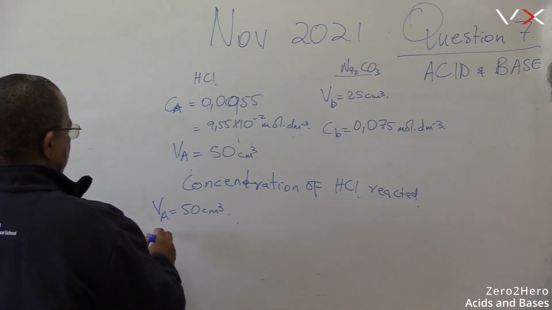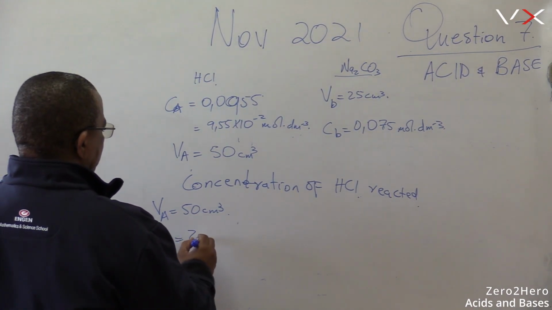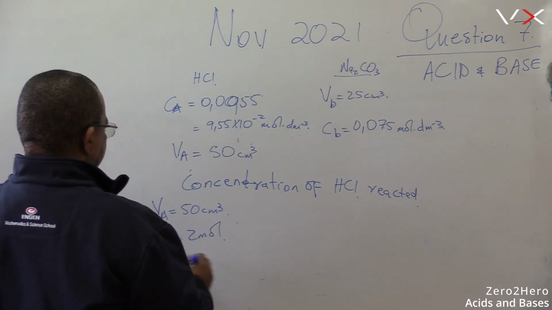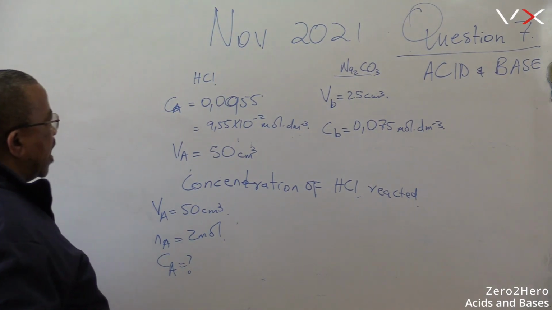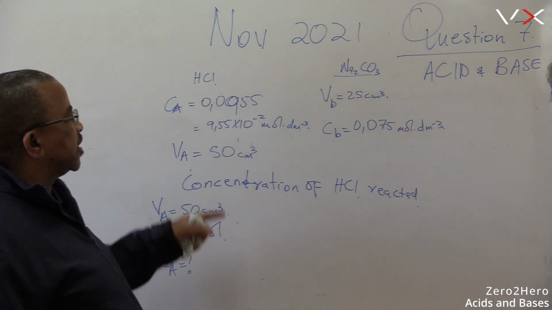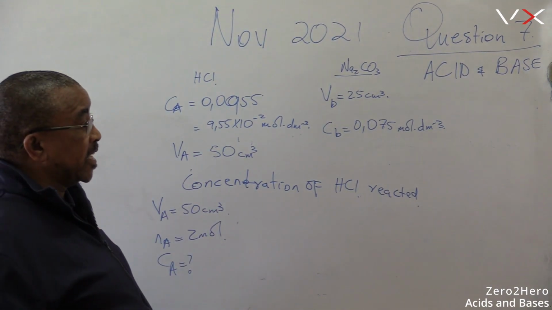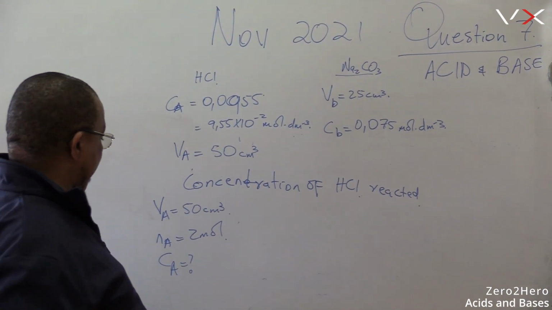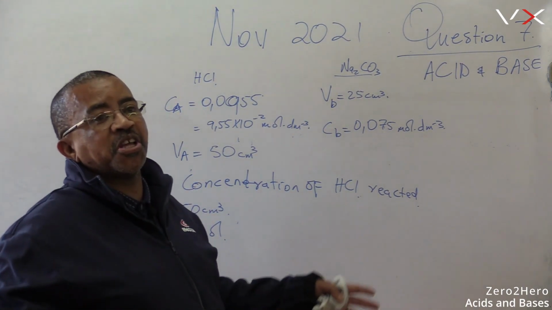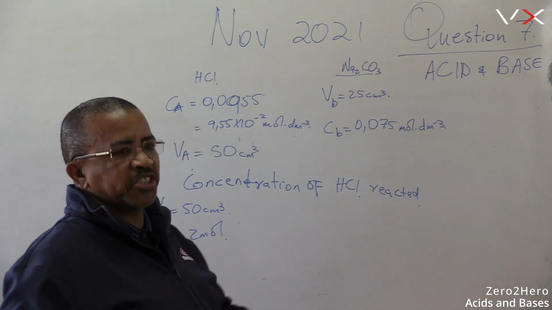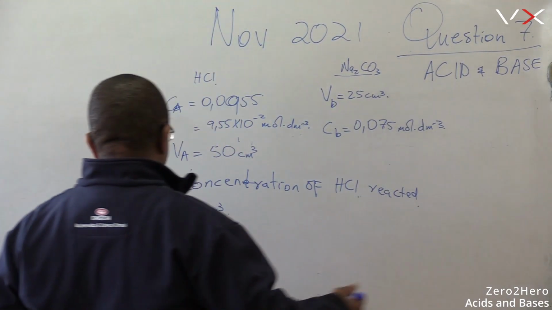Now the number of moles of the acid we get from the equation is 2 moles. Then we want the concentration that reacted, and from it we find the concentration that is in excess, the one that remains.